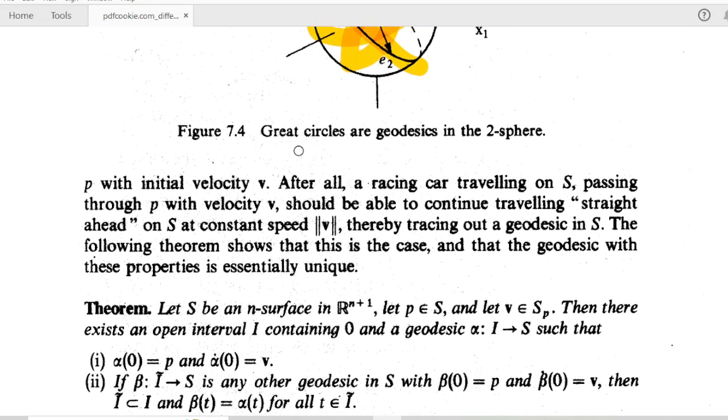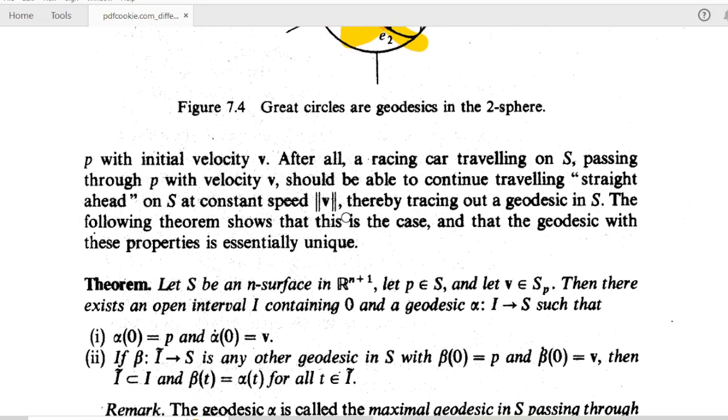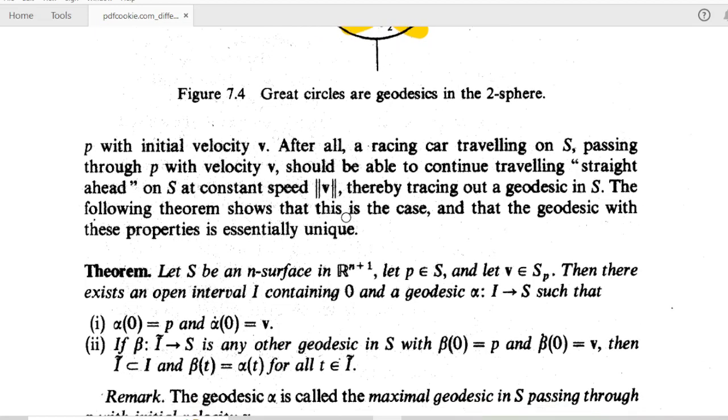So with velocity, after all, a racing car traveling on S passing through P with velocity v should be able to continue traveling straight ahead at a constant speed. And also we know that the speed is constant along a geodesic.